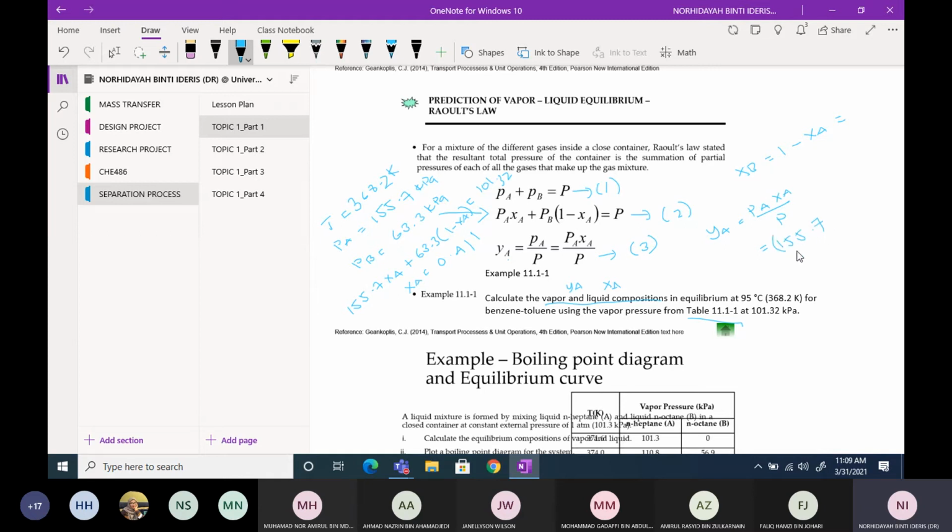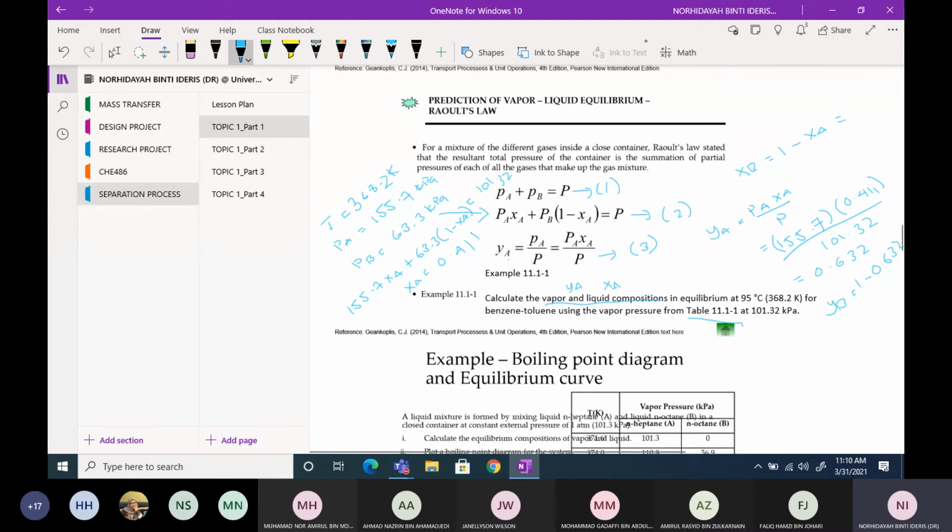Multiply with the value of SA that you got, 0.411, and then divide by 101.32. You solve this, and eventually you will get that the value of YA is 0.632. Then of course YB is equal to 1 minus 0.632.